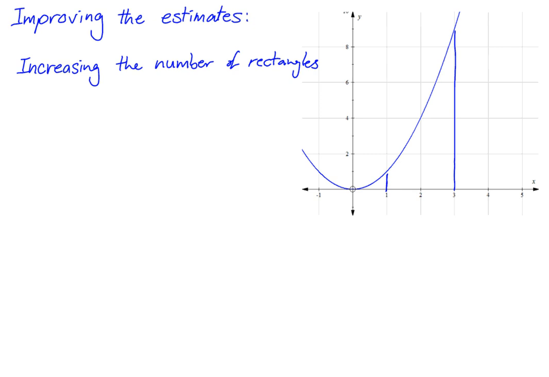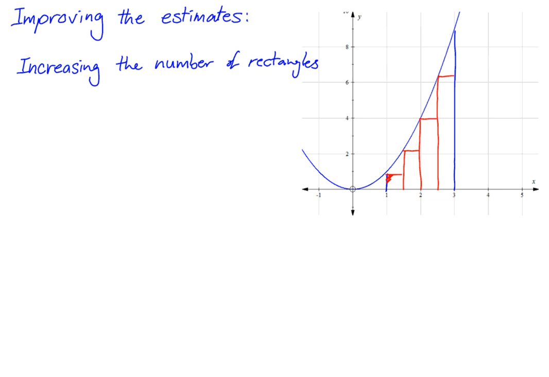So instead of using 2, I'm going to use 4. So the distance between 1 and 3 here is going to be divided into 4 sections. And this is the first rectangle, second rectangle, the third, and the fourth.